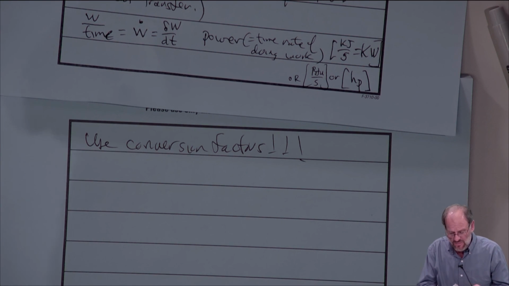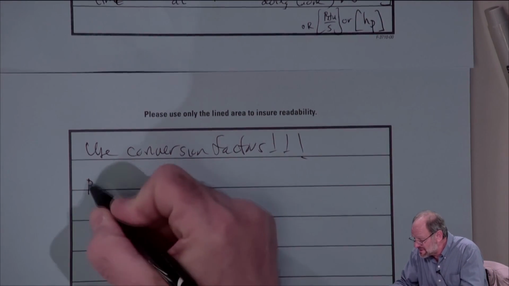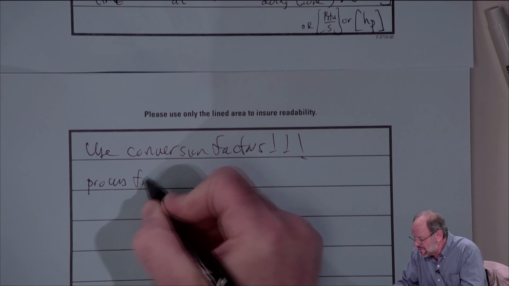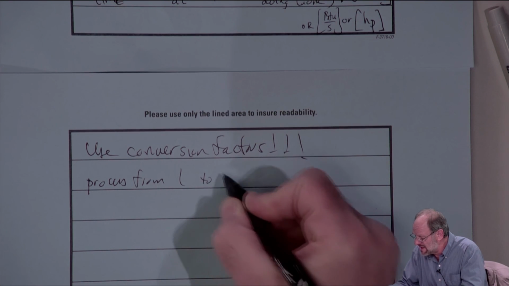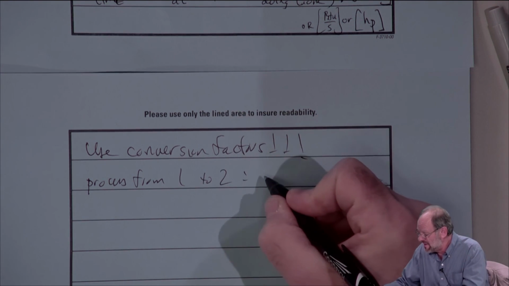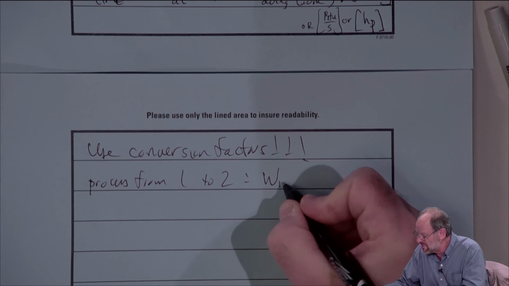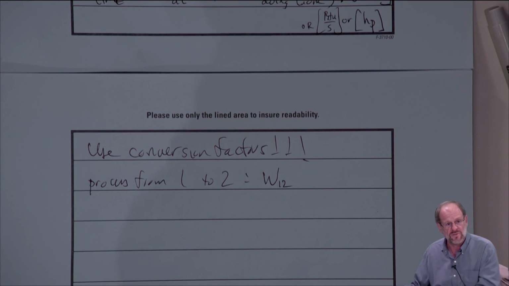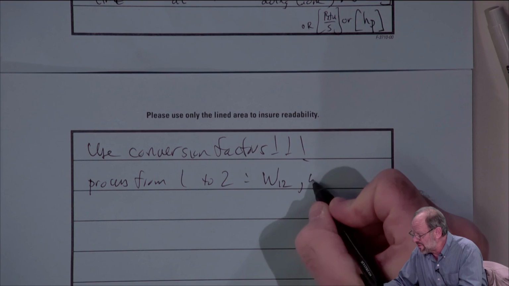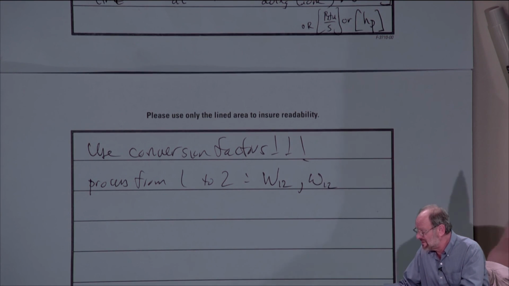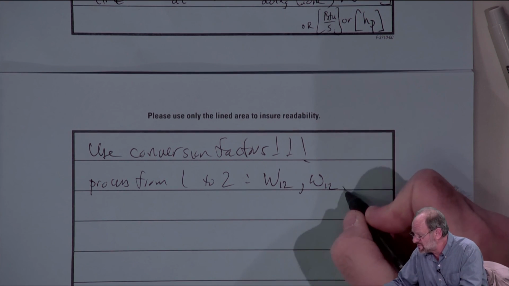Okay. Now, again, just like heat transfer, if we have a process from some, let's say, state point 1 to 2, then we would just use W12 as a subscript. If we have work per unit mass that we're analyzing, maybe we'll have lowercase w with the subscript 1, 2.